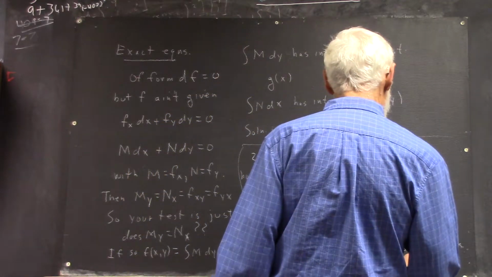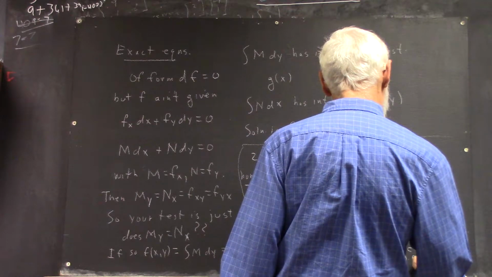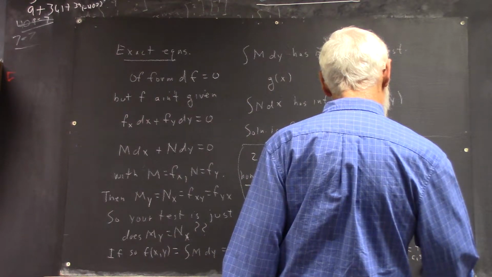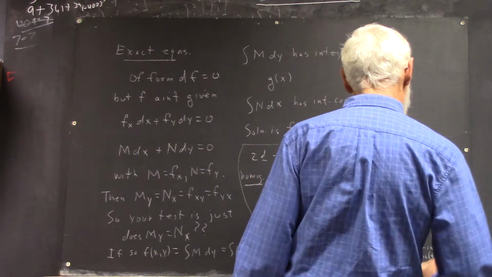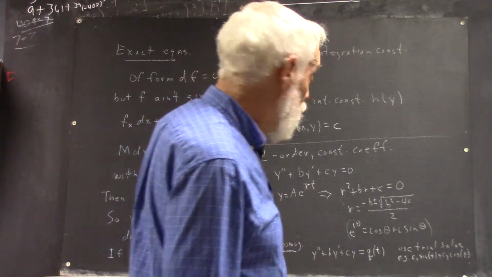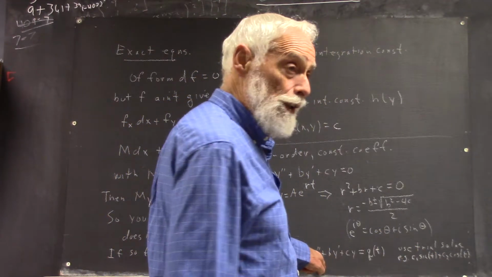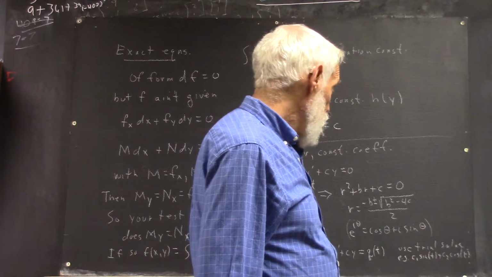So for example, the C1 sine of t plus a C2 cosine of t, and that should jog your memory as to how that works. Then you just plug that in.